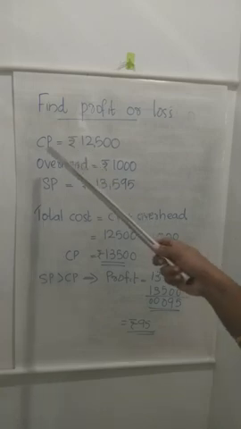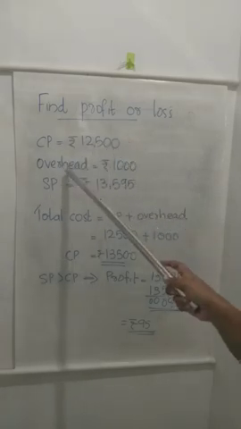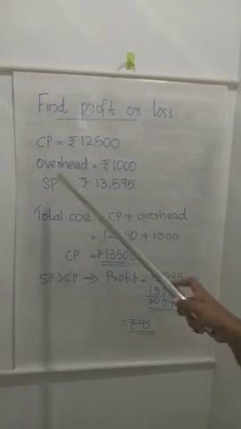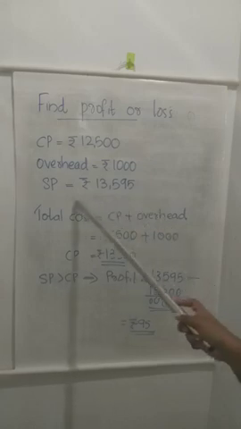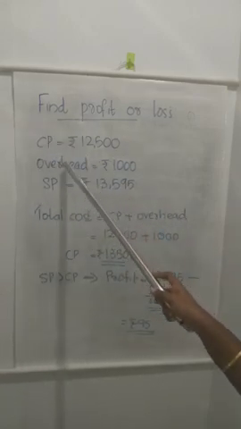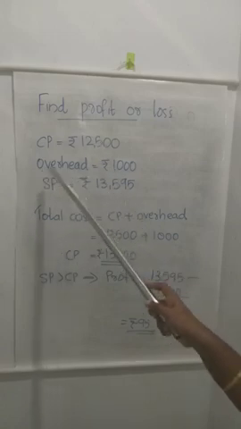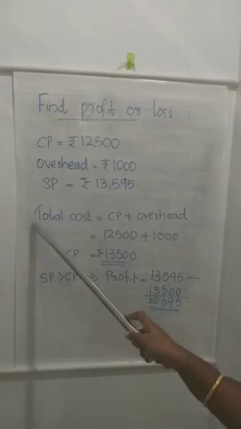In the next example, cost price is rupees 12,500. Overhead rupees 1,000. Selling price is rupees 13,595. If you are getting such a question, you cannot compare this cost price and selling price. Why? If overhead is there, we have to first find total cost.